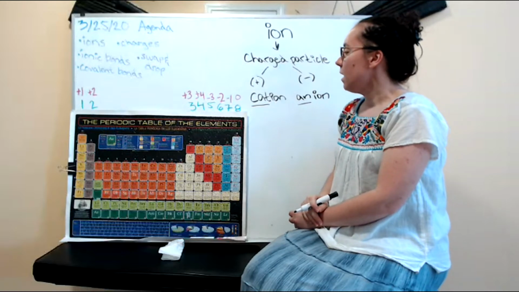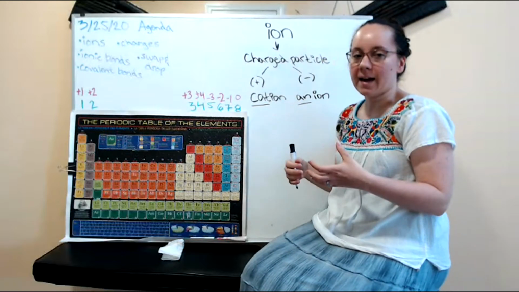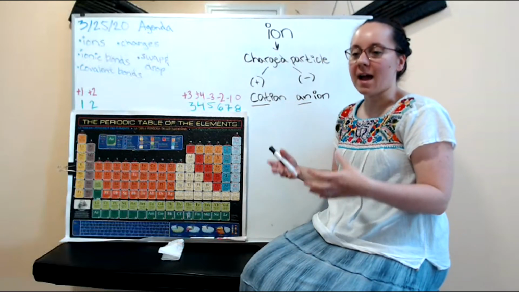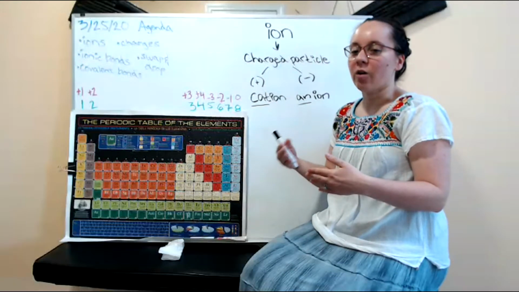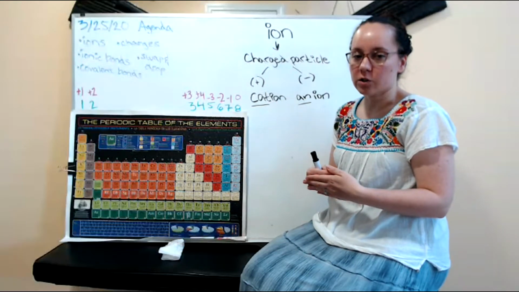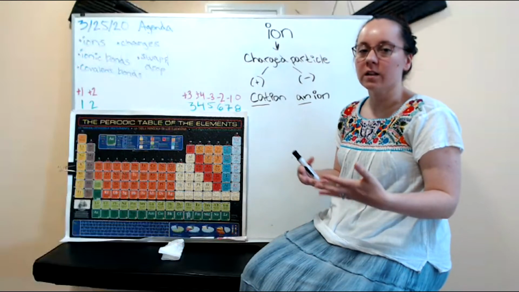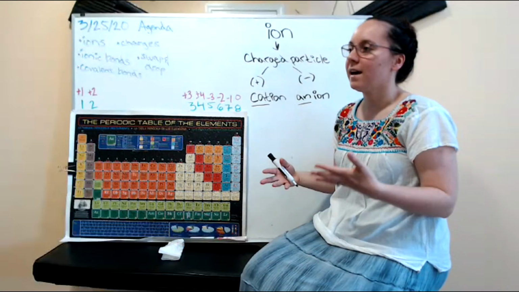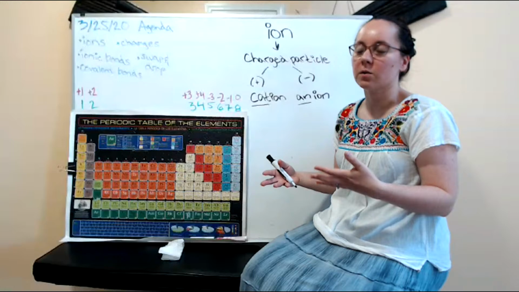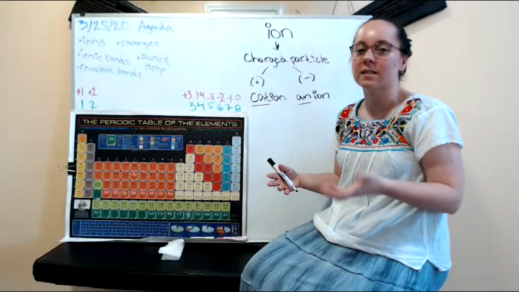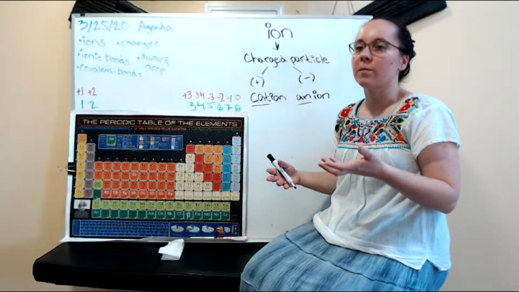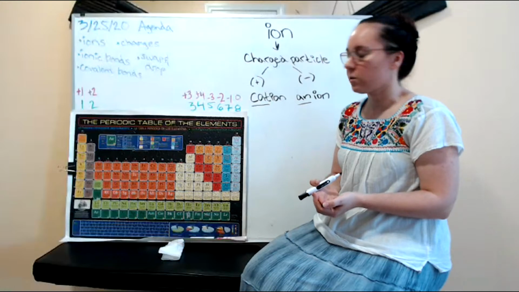Okay, so when we are talking about a cation or anion, we are talking about an atom that has a charge. Now, the way that it gets its charge is it either gains electrons or it loses electrons. We cannot gain or lose protons, okay, because that means we're just talking about an entirely different element. When we're talking about bonding, only electrons, okay?